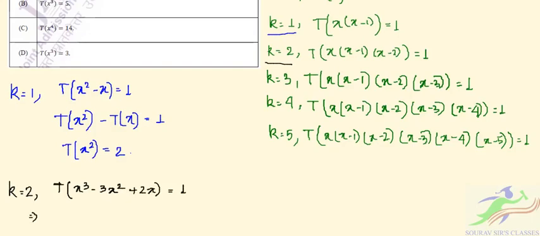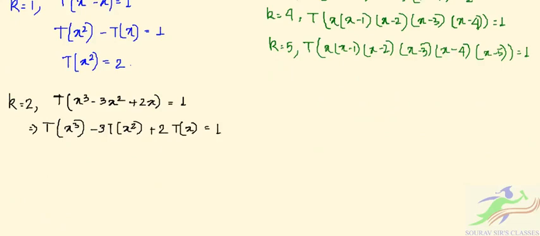Similarly, if we apply the linear transformation over here, T of x cube minus 3 T of x squared plus 2 T of x is equal to 1. So from here we can find T of x cube. With T of x squared equal to 2, you will find that T of x cube will be 5.